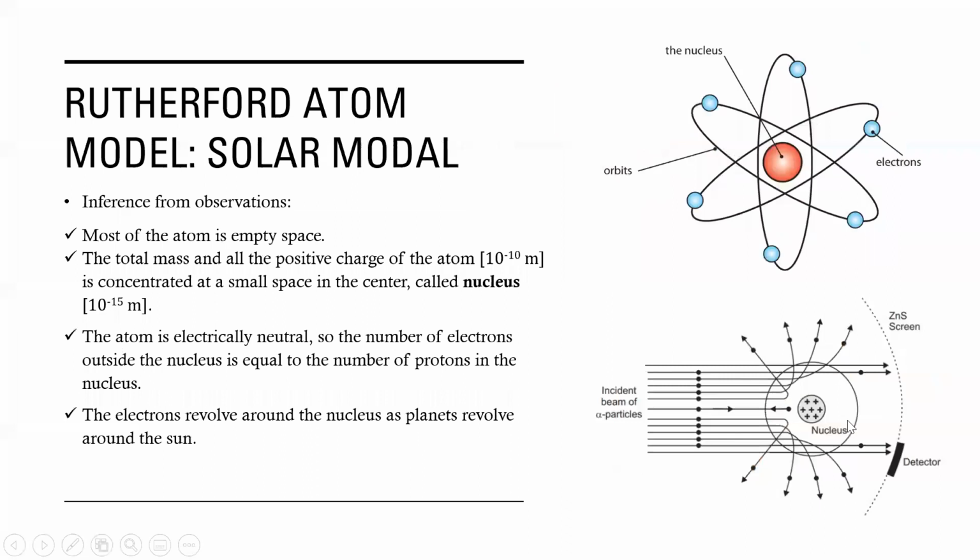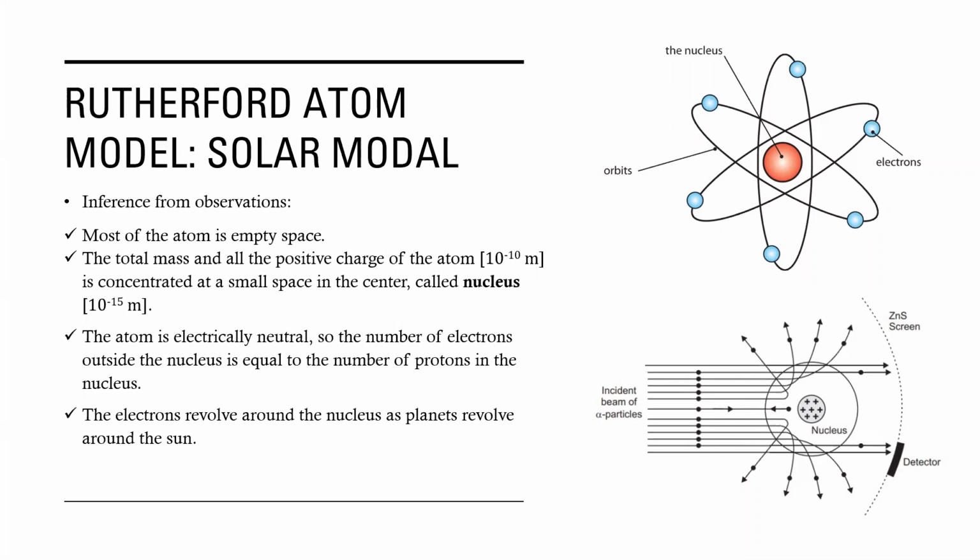Yes. Okay, so these are the observations made in the alpha particle experiments. See, there is a large number of incident alpha particles in the beam. So most of them, around 99% of them, go straight, and this is the zinc sulfide screen. Using a detector, they are counting the alpha particles that reach it. So this is a gold nucleus, and this is a gold atom. When the alpha particles pass through it, gold has an atomic number, I hope it is 76 or 79.